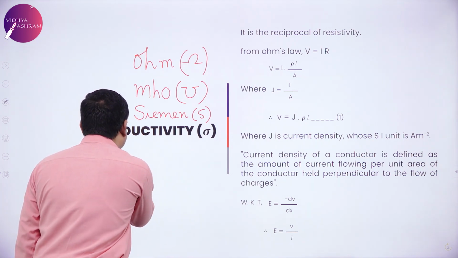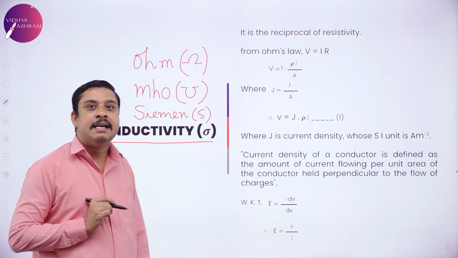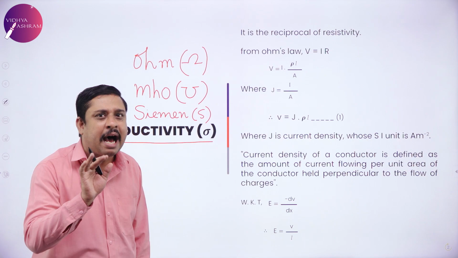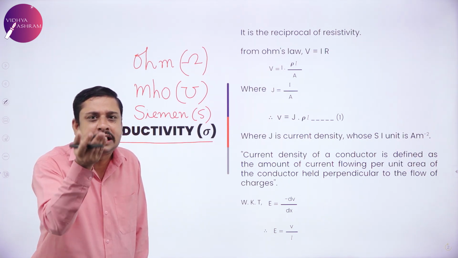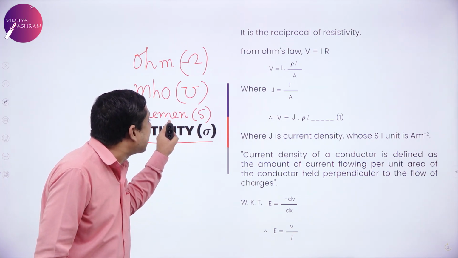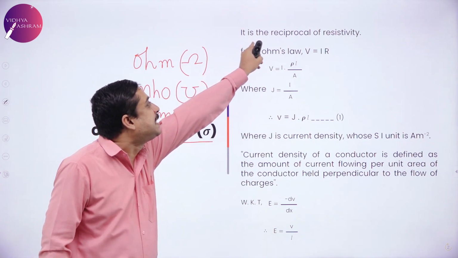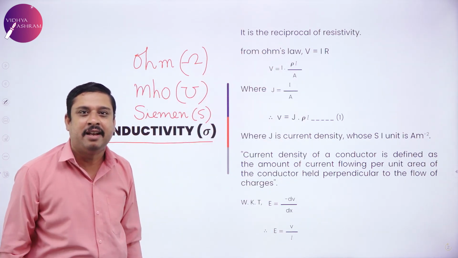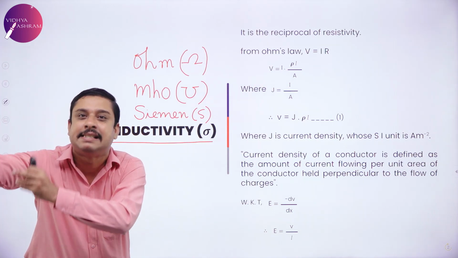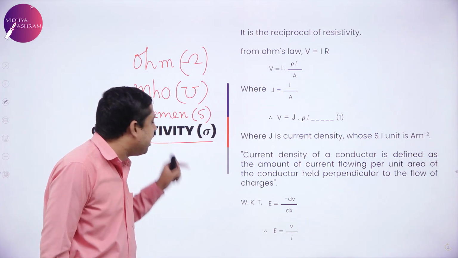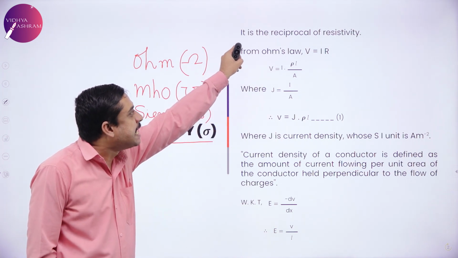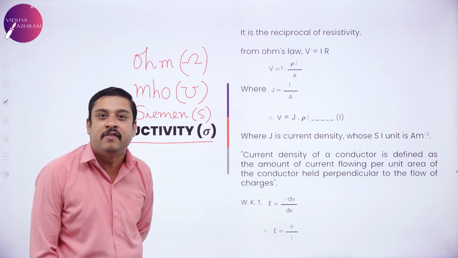But now, friends, I am discussing something called conductivity. Not conductance. We understood what conductance is, the reciprocal of resistance. Then what is conductivity? It is the reciprocal of resistivity. Conductivity, resistivity. Conductance, resistance. So, dear friends, what was conductivity? It is the reciprocal of resistivity.